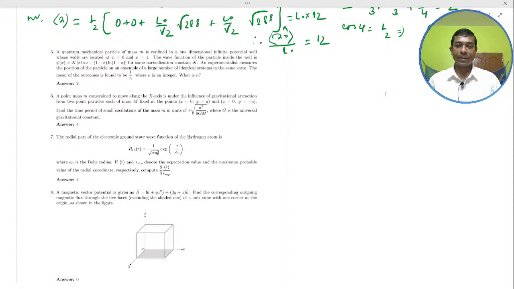An experimentalist measures the position of the particle on an ensemble of a large number of identical systems in the same state. The mean of the outcome is found to be 1 by n, where n is an integer. What is the value of n?